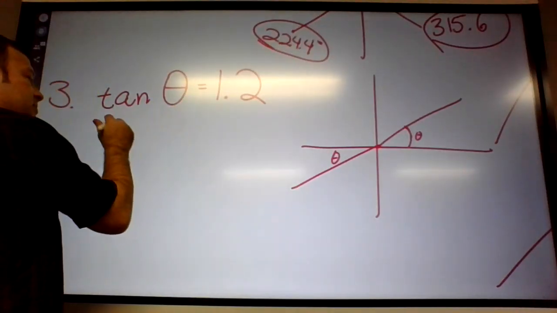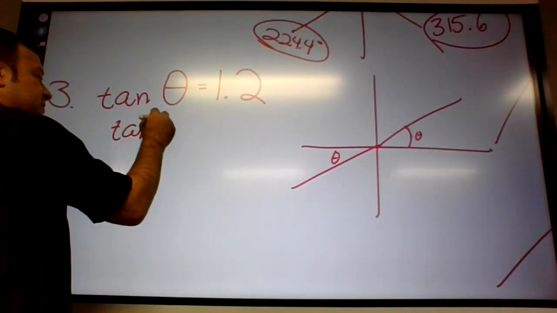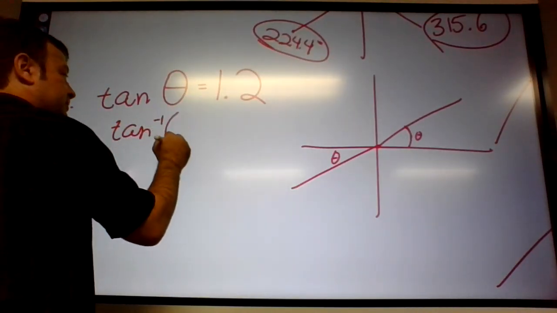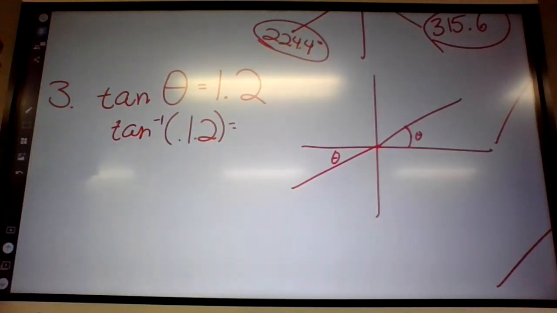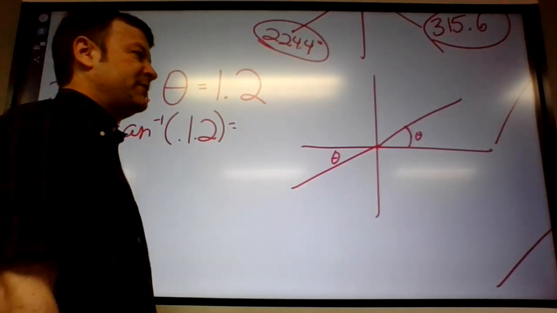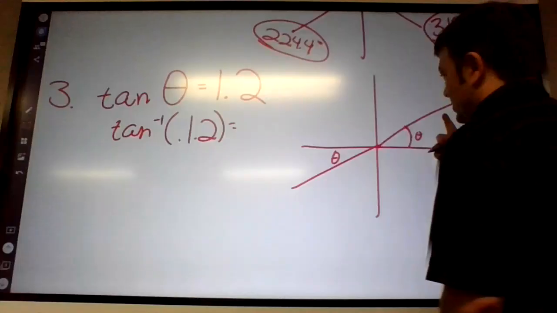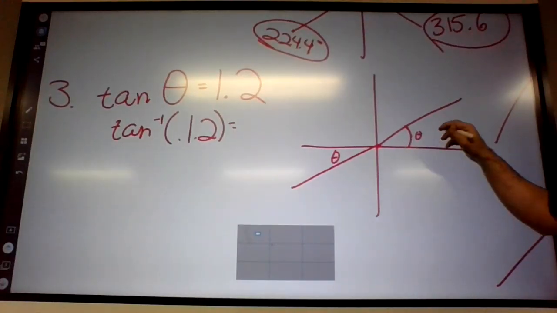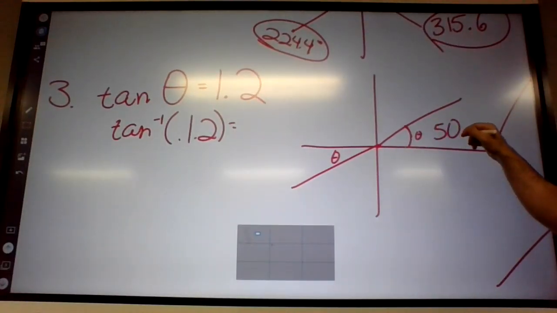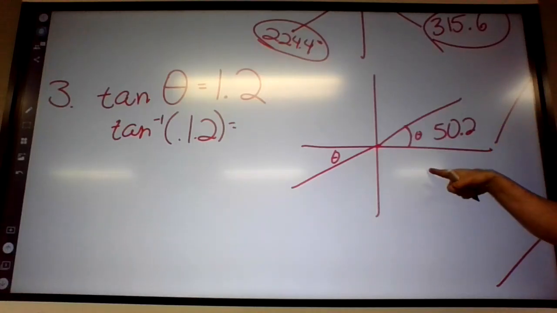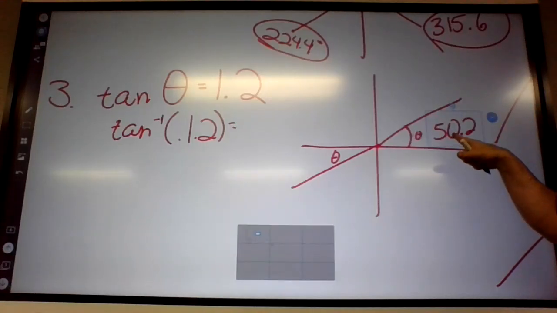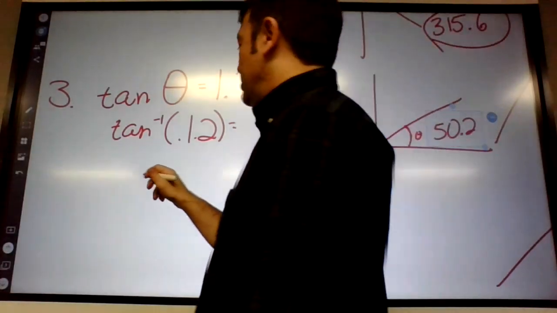So plug in tangent inverse, see what pops out. 50.2. The good news on this one is 50.2 is a first quadrant angle, so we don't have to do the trick that we did on the last problem, where we turned a negative angle into a positive angle. So that's one of our answers.